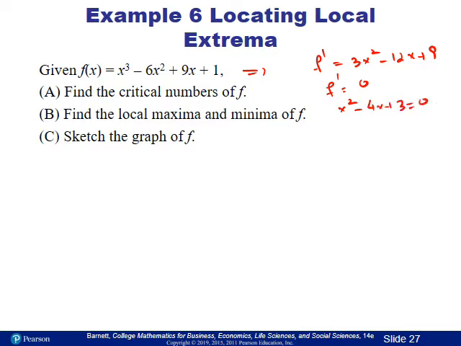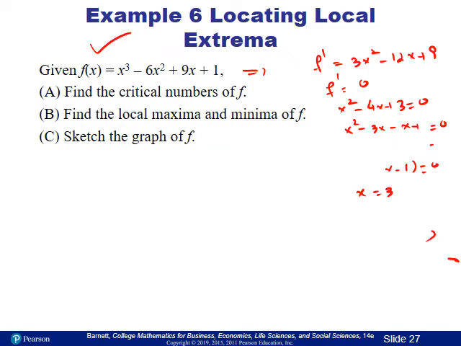If I factorize it, 3 times x minus 3 times x minus 1 equals 0. So x equals 3 and x equals 1. These are partition numbers and they are in the domain of this function, so these are critical numbers as well.